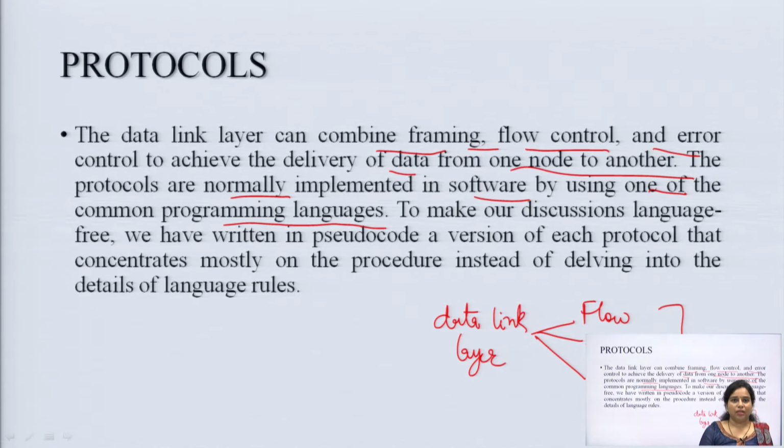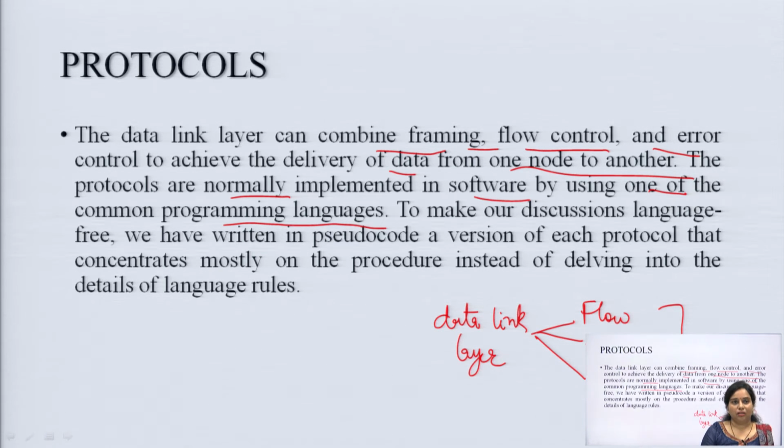So, if we are considering any kind of language, it is not easy to understand. If I say that I am going to explain in French, maybe you are not going to understand it.